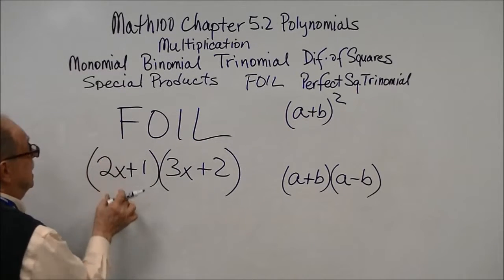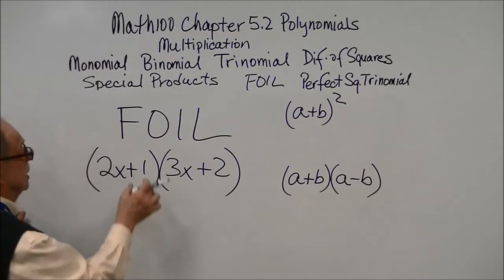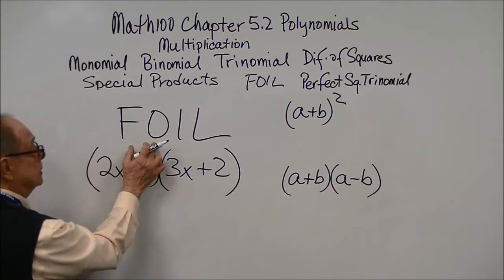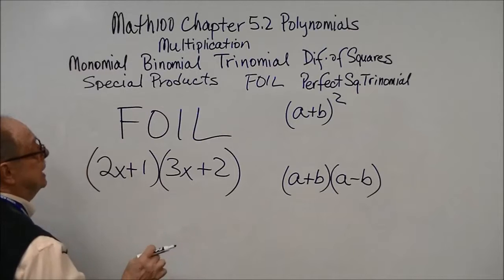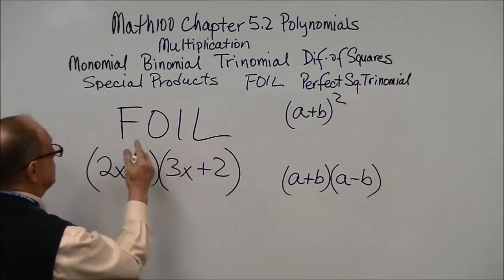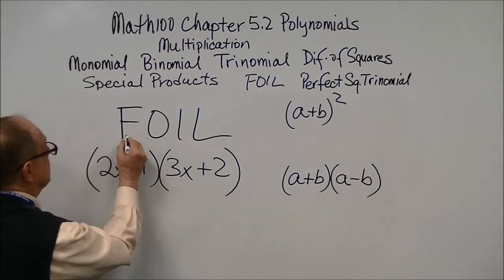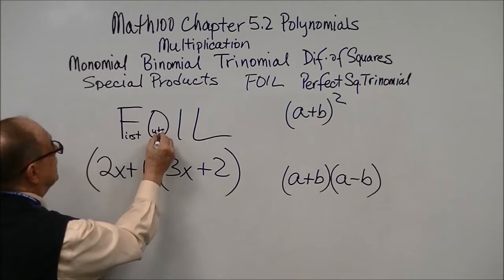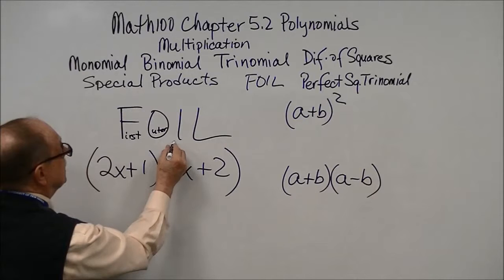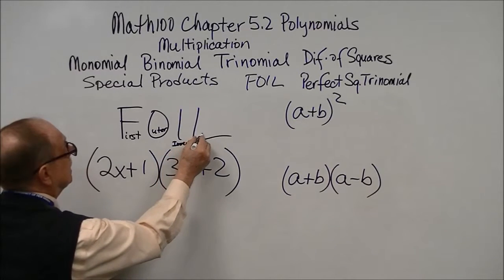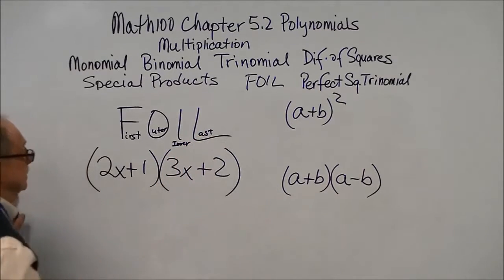And this will be, F is for first, O is for outers, I is for inners, and last. So first, outer, inner, last. Okay.